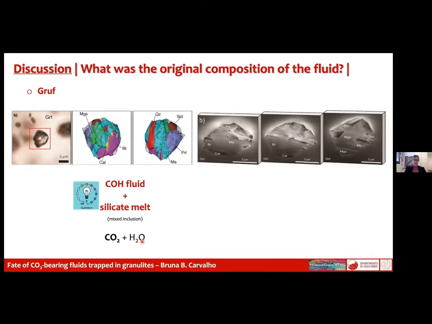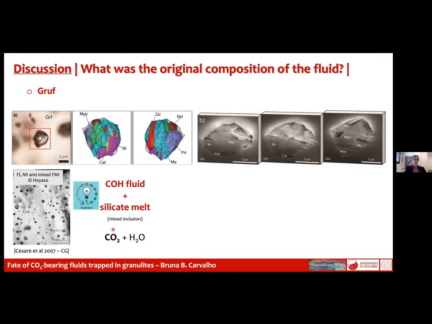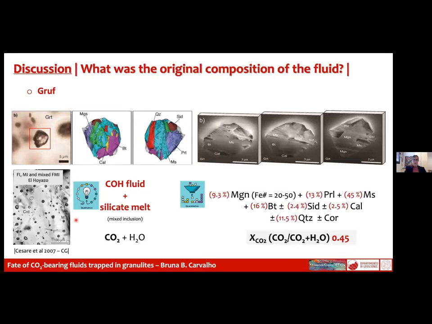This kind of occurrence was also described in the Alloy Azo partially melted enclaves, where you have the fluid and the melt together. So the quantitative estimate indicated quite low XCO2, but because of this influence of some minerals that are crystallizing from the melt, which are the muscovite and the biotite.